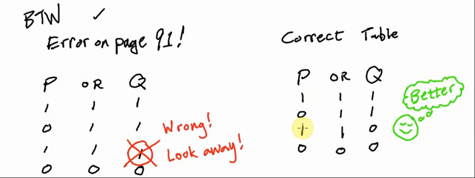So continuing, when P is 1 and Q is 0, then, by the way, we're doing OR, not exclusive OR, we're doing OR, then you get a 1. And then when they're both zeros, you get a 0. So this is what you should be seeing on page 91. But unfortunately, this is what's actually printed.